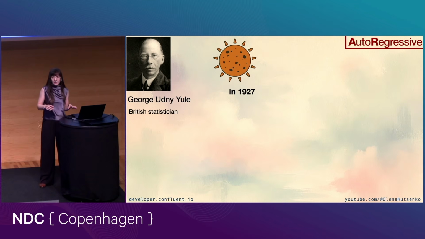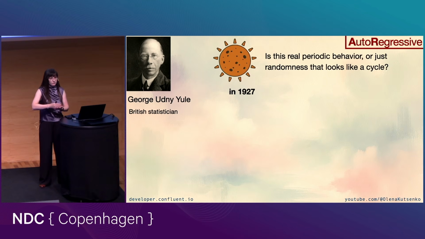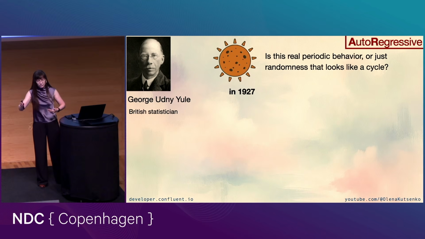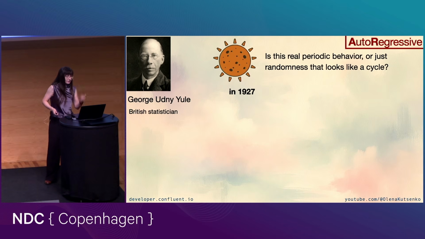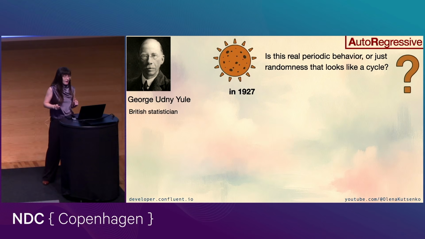At that point in time, a lot of mathematicians defined periodic behavior as behavior which strictly follows some periods. George Yule said, okay, actually noise is not a problem. He analyzed real data with cycles and noise and developed a model.